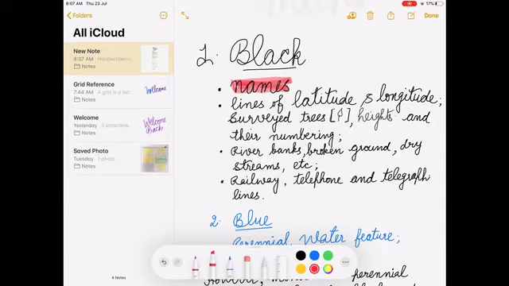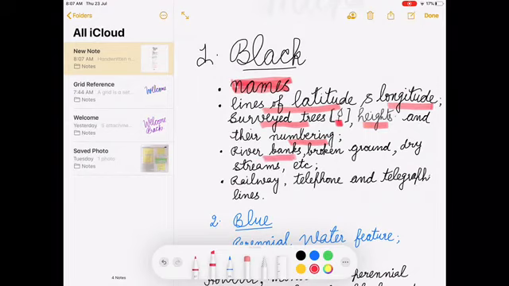Any name, like post office, any communication facility, post office, telegraph office, etc. Then the lines of latitude and longitude are also marked with black color. Survey tree, this is a symbol for survey tree, is also marked with black color. Any height, spot height, triangulated height, benchmark, all are marked with black color, and their number is also written with the black color, right?